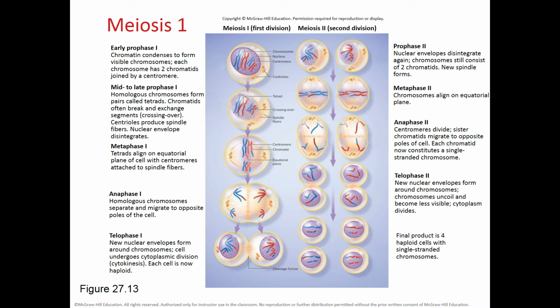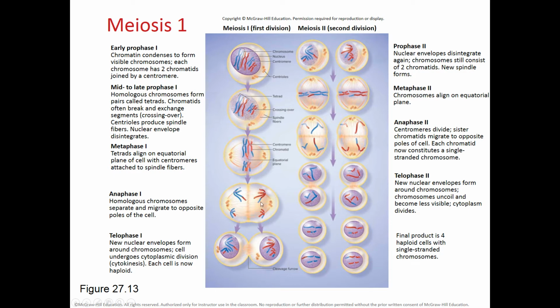Now, after this crossing over happens in prophase 1 of meiosis 1, you then align the chromosomes in the equator or the center of the cells into what we call the metaphase plate in metaphase 1. And then as you are forming this alignment of the chromosomes, you will create microtubules that will bind to the centromeres.